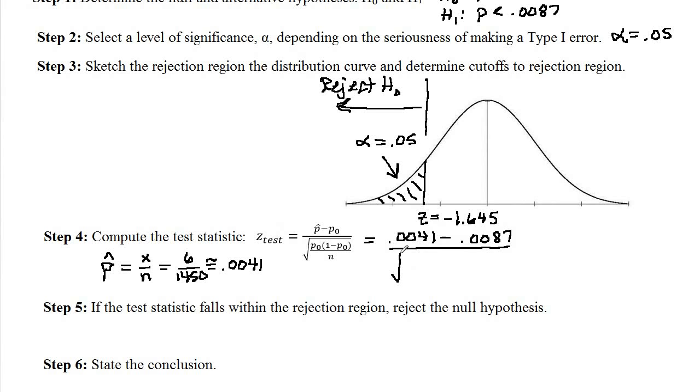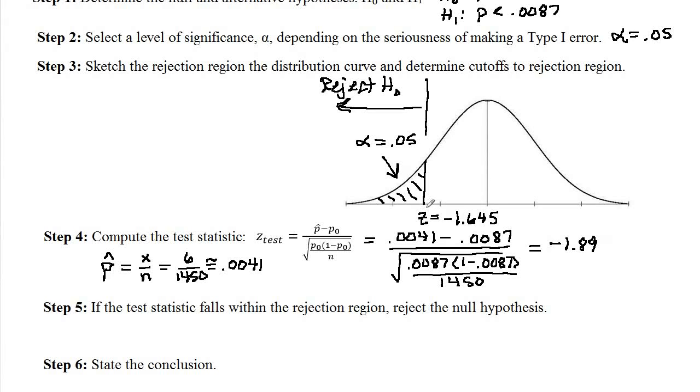So then we divide by the square root of p0, which is 0.0087, times 1 minus 0.0087. And then we are dividing that by our 1450, which was our sample size. And if you compute this on the calculator to 2 decimal places, you will get negative 1.89.